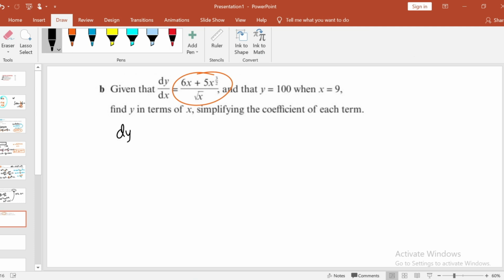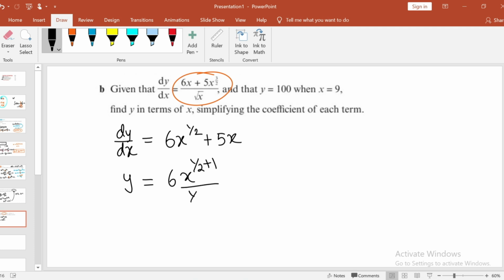So dy over dx is equal to, we use the simplified form we got, 6x power half plus 5x power 1, right? Now integrate it, dy by dx becomes y. This becomes x power half plus 1 over half plus 1, 5x power 1 plus 1 by 1 plus 1. Don't forget plus c.